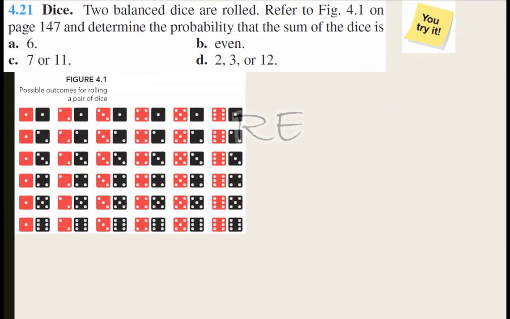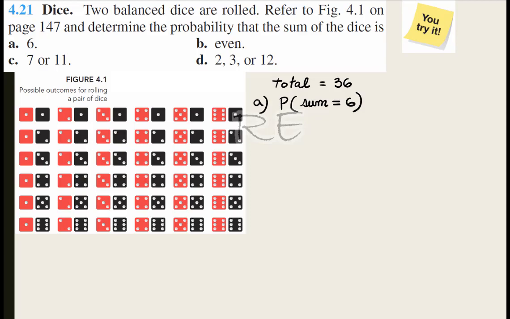When we throw 2 dice, we want to know the probability that the sum is 6. Now we know that the total is 36. Now the probability that the sum is 6.